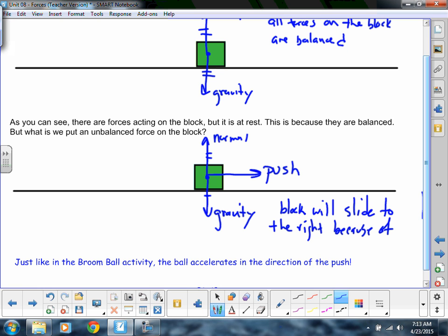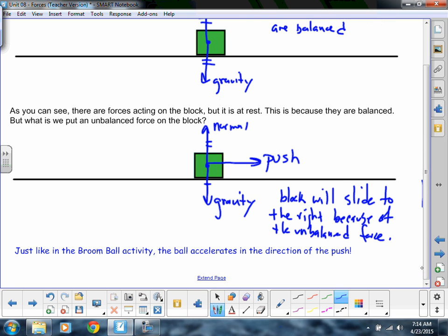Just like in the broom ball activity, the ball accelerates in the direction of the push. When we were pushing it towards that first corner, that's the direction that the ball accelerates. That's the direction that it was speeding up in. We talked about that yesterday during our analysis of it. So we have this force that is unbalanced in the problem, and so the motion of the object is going to change.